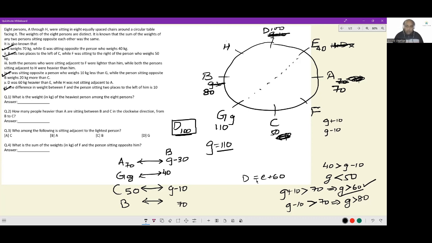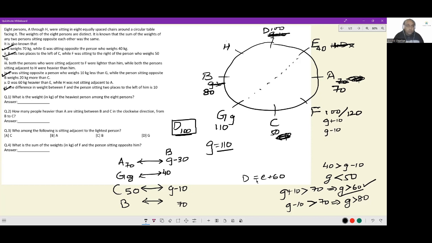The only things left to identify are H and F. Both the persons who were sitting adjacent to F were lighter than him. If I took this as 110, F's weight is either 100 or 120.